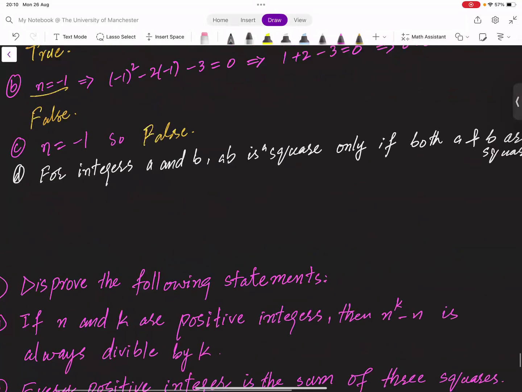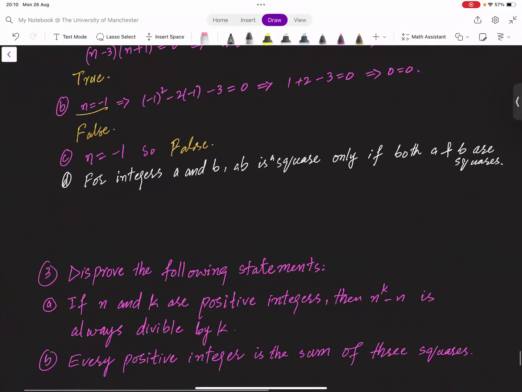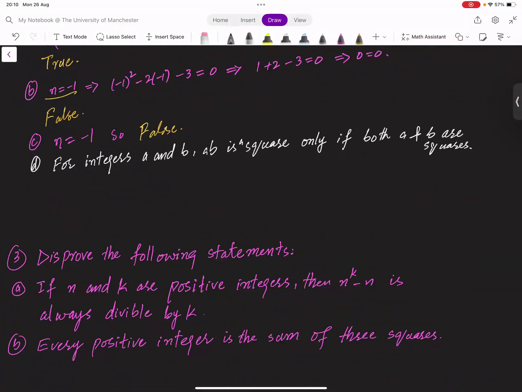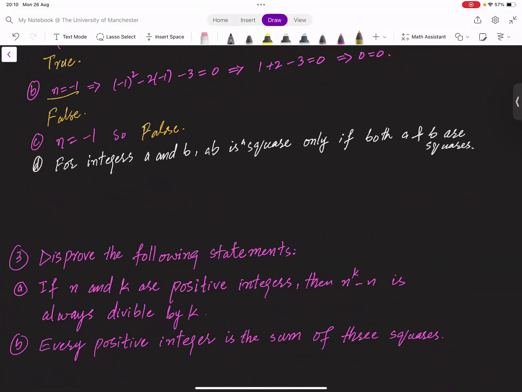Now, to solve this, we can take something like a and b are 2. Then ab is 2 cross 2, which is 4.